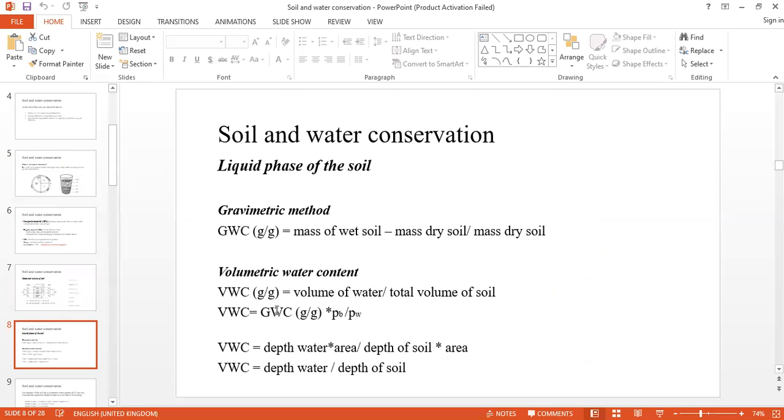Then also maybe these relationships for relating gravimetric moisture content to volumetric moisture content. For example, maybe you'll be given a moisture content, but it's in gravimetric. Then if you had to use it in a calculation in which it's supposed to be a volumetric moisture content, you just simply multiply it with the bulk density.